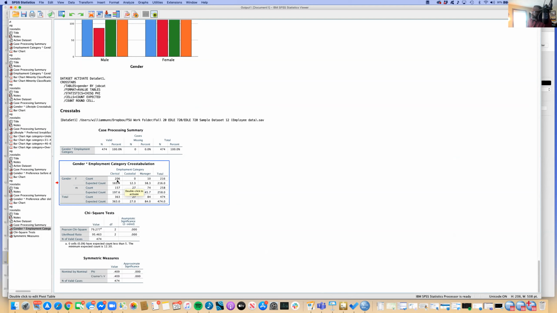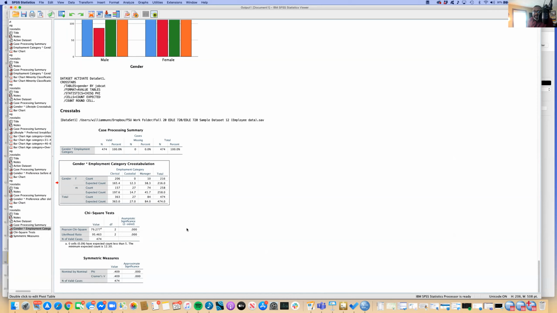So if clerical were 166 and custodial were 13, then we would probably see that there's not much of a relationship. But now there is a relationship. Something is going on here. So right off the bat, we can reject the null hypothesis and state that there is a relationship between gender and job category.